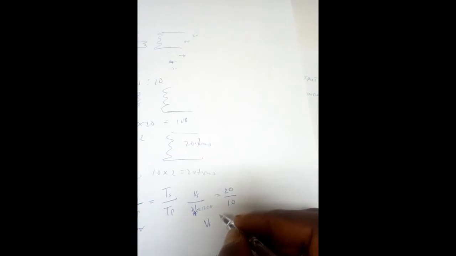You simply cross multiply, so Vs, the secondary voltage, which is the output, becomes equal to 20 over 10 multiplied by 120. It's basic mathematics, so this becomes 240 volts. So it's as easy as that. That is how you find out what the output voltage will be in a transformer that has an input of 120 volts, with secondary turns of 20 and primary turns of 10. So that is how it is calculated.